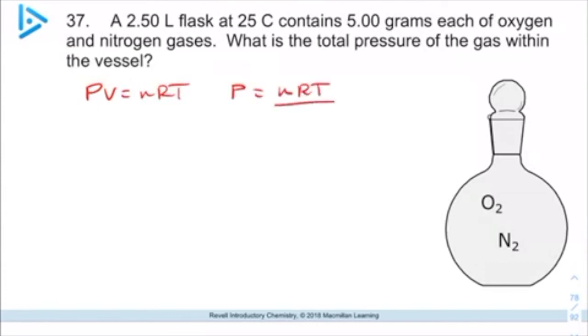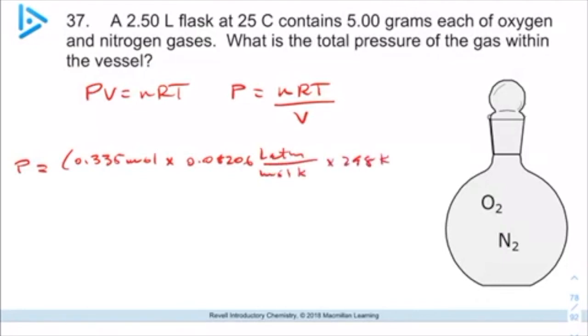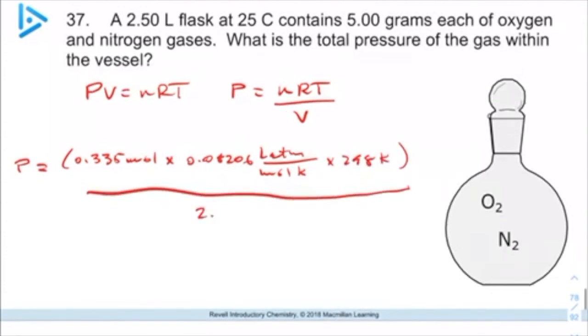I want to solve for P, so P equals nRT over V. So pressure equals 0.335 moles times the R value, 0.08206 liters atmospheres over moles Kelvin, times 298 K, all over 2.5 liters.